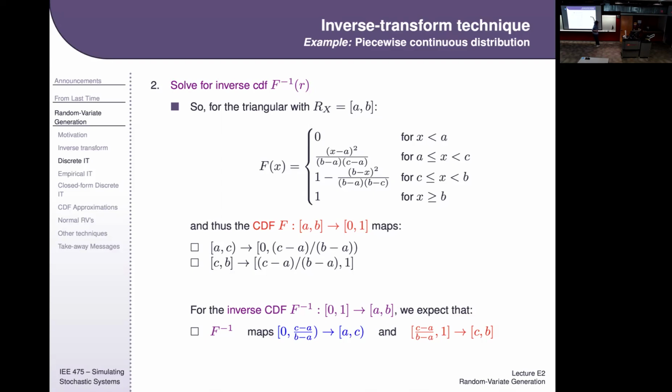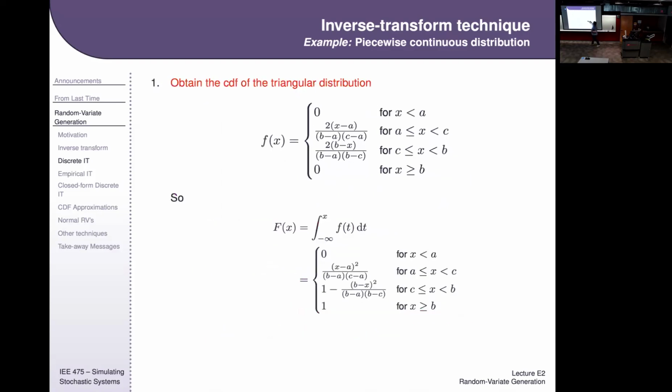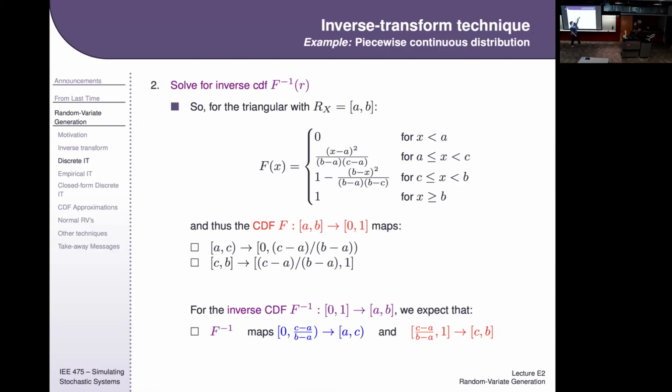So I only care about these middle pieces here. In other words, the range of this thing is where the density is non-zero. So it's only the middle 2 pieces. Equivalently, it's where the CDF is non-constant.